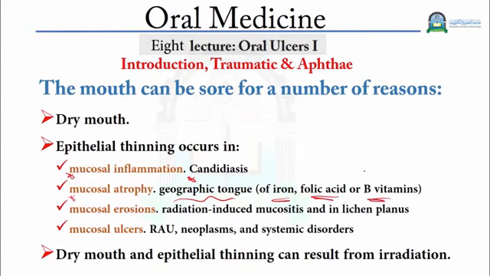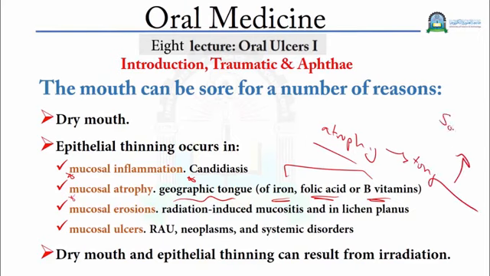All these deficiencies lead to mucosal atrophy, most commonly in the tongue, leading to oral soreness.